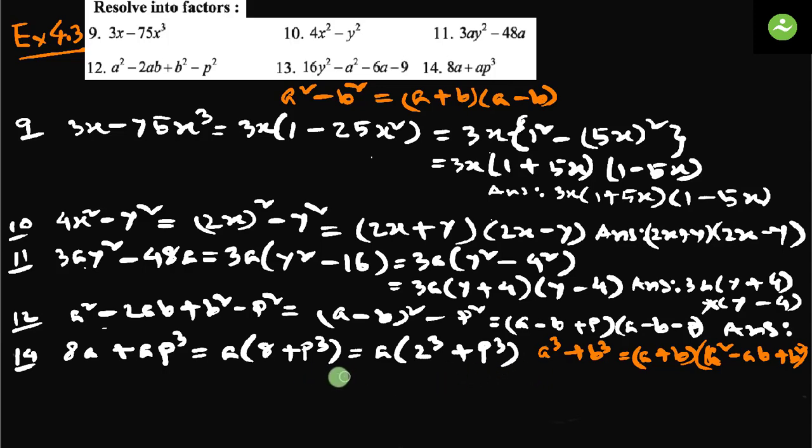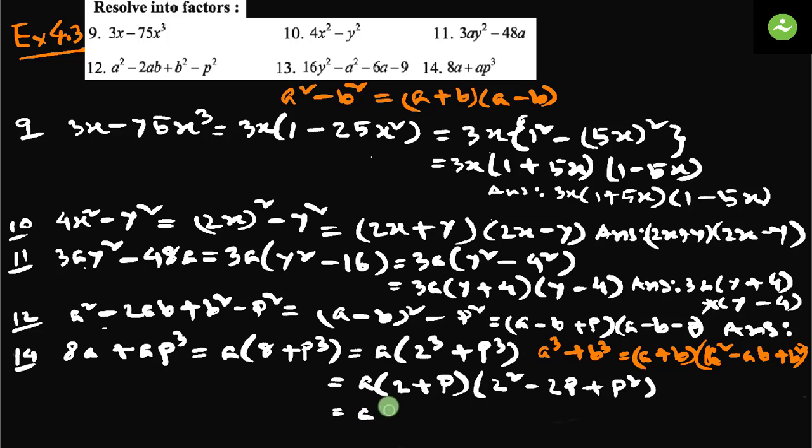Yes. It equals a into, here a cube means 2 cube and b cube means p cube. So a plus b means 2 plus p, and a square means 2 square, minus ab means 2p, plus b square means plus p square.